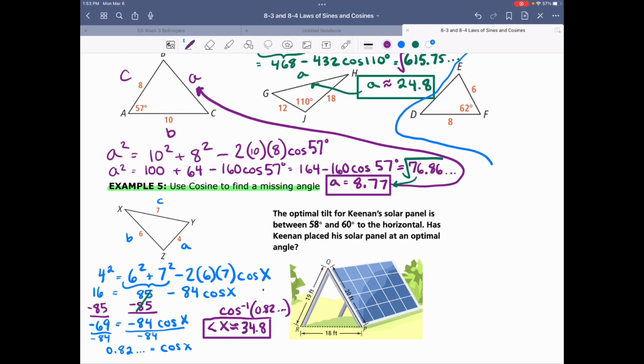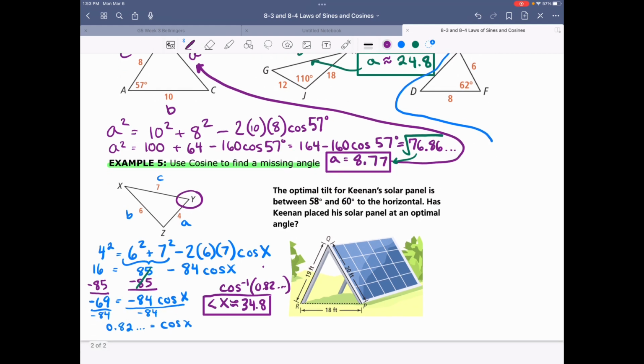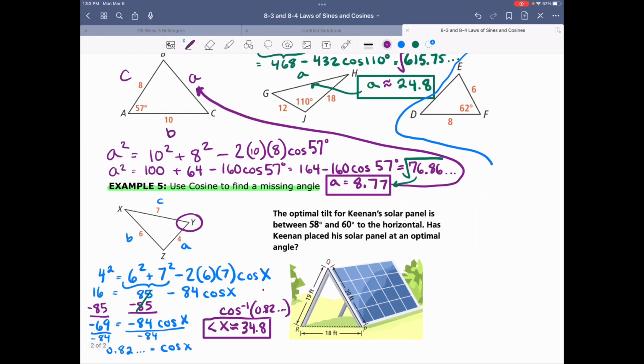So if we did x, let's now do y. And I am out of space. Maybe I'll try and fit it up here. So y is pointing to 6, so that's what we're trying to figure out.